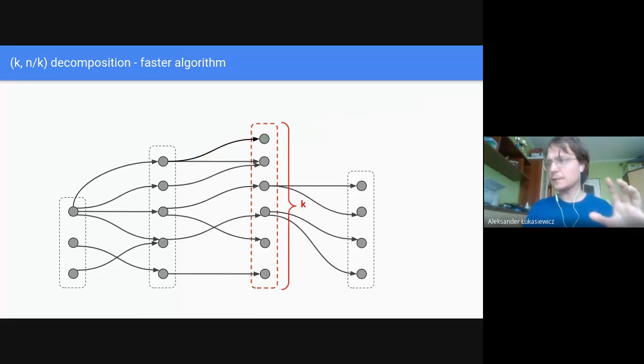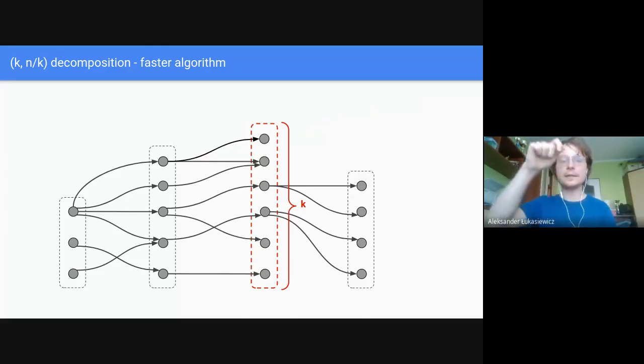The very important thing, and it will turn out in a second why it is so important, is that whenever some layer grows such that it has k vertices, we just remove it and start from scratch.